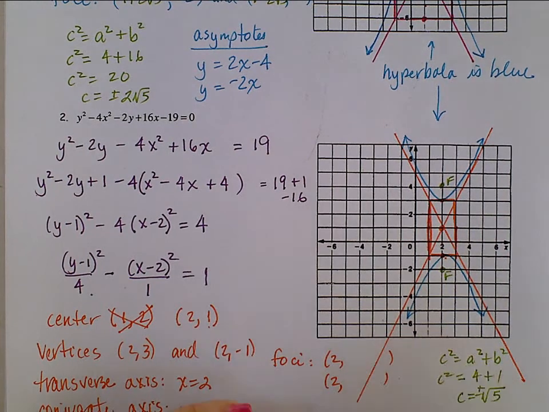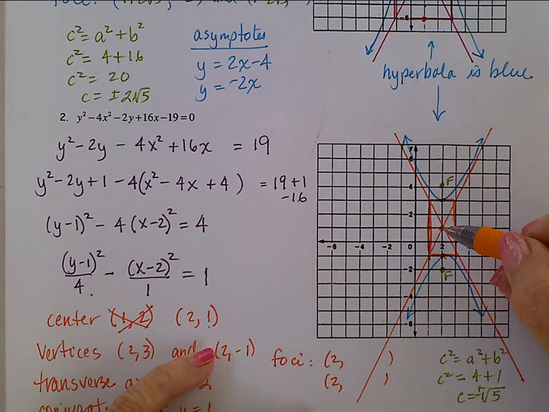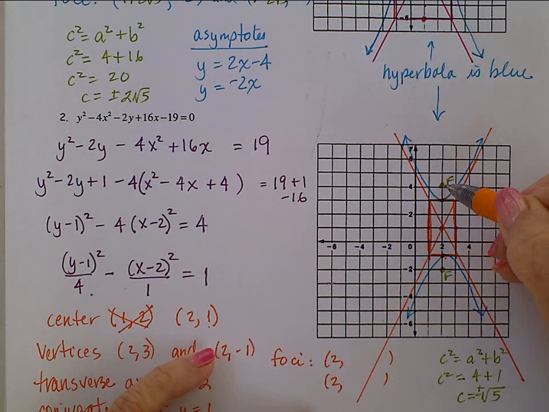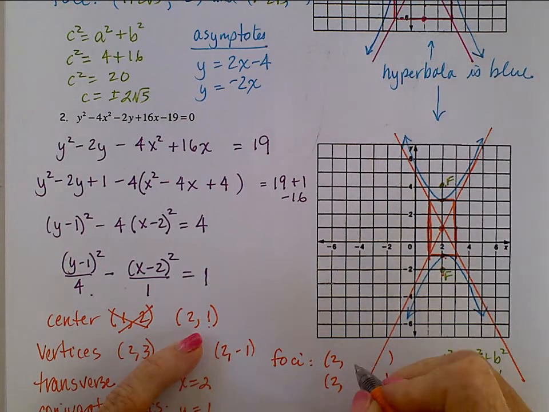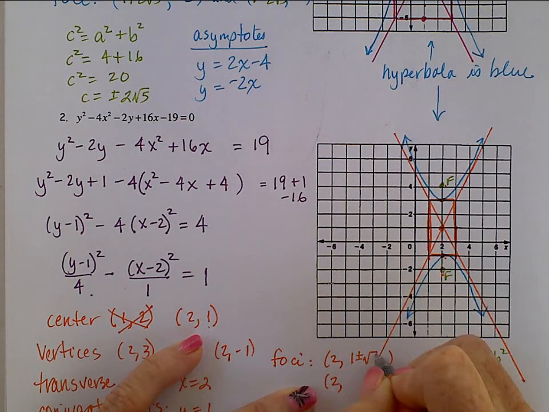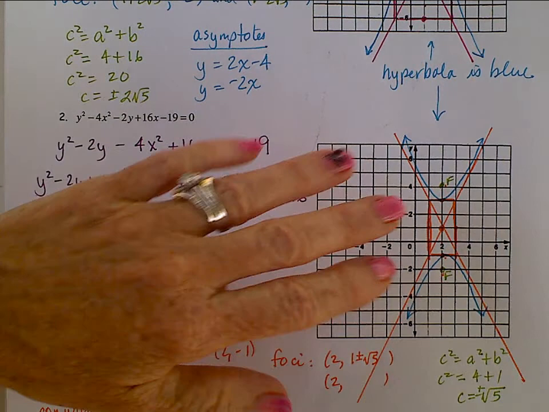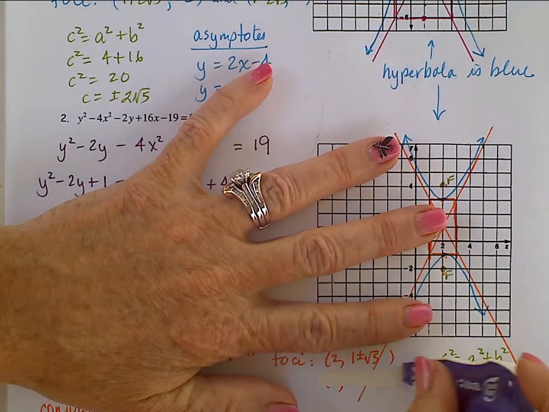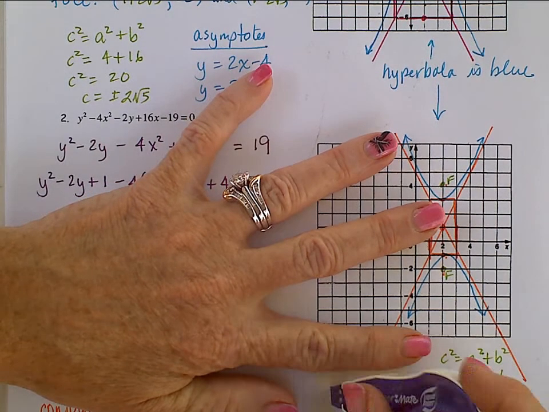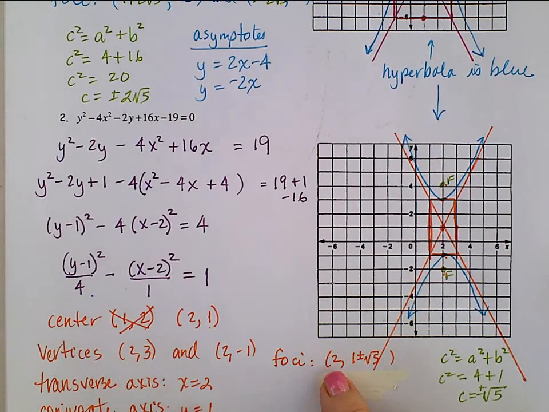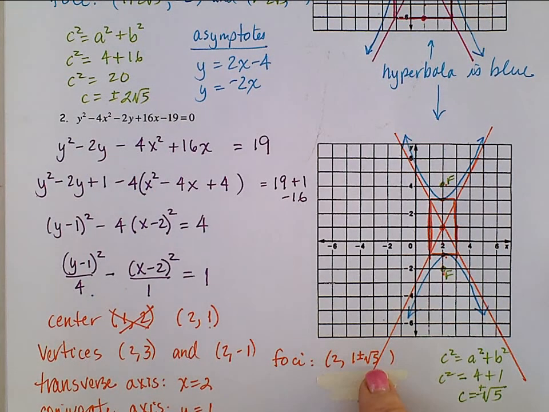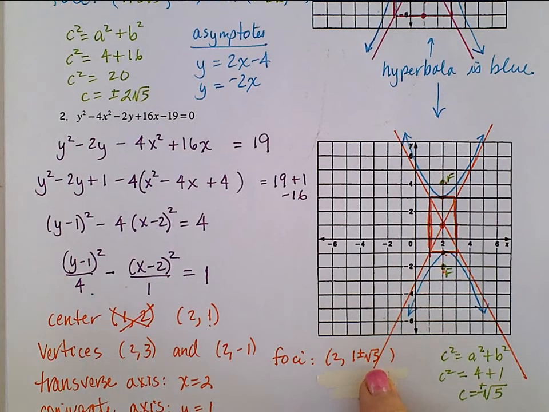And the y coordinate will be 1 plus square root 5 and 1 minus square root 5. If you want to, you can just list the two foci in this fashion, (2, 1 plus or minus the square root of 5). So you're showing both points there, you're just saving a bit of space.